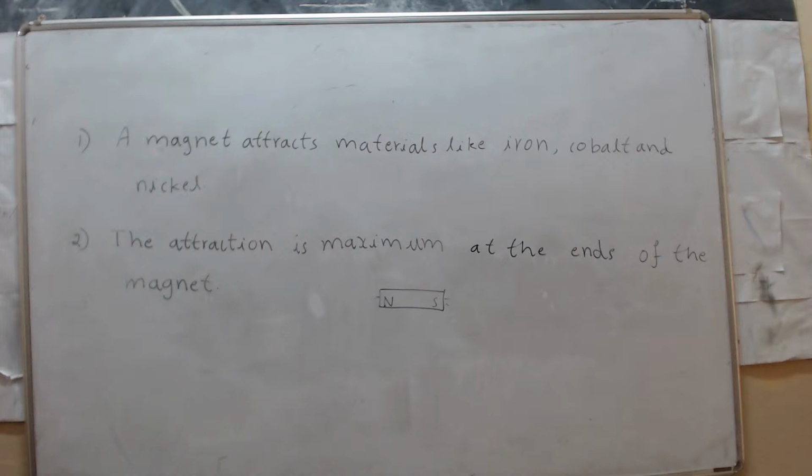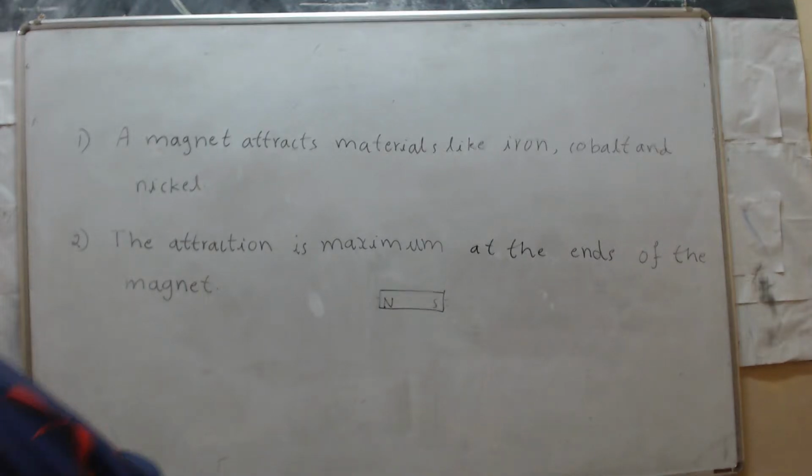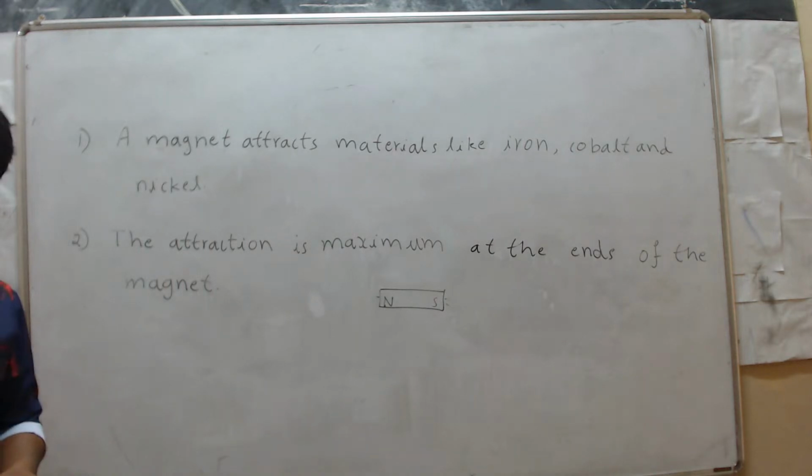Third one: when a bar magnet is suspended by an unspun thread, it orients itself in a north-south direction.